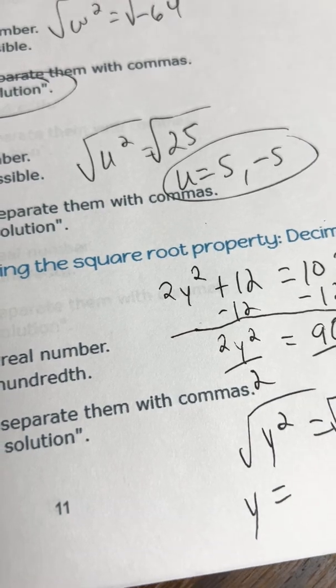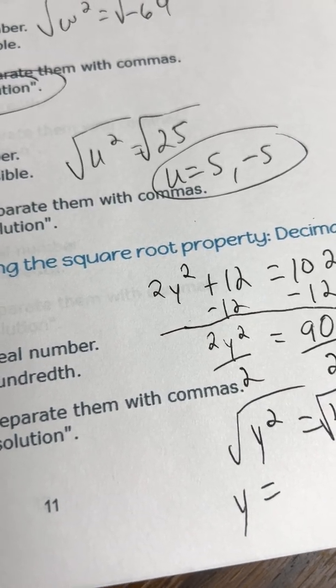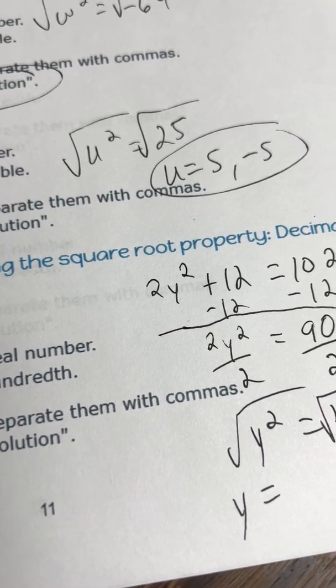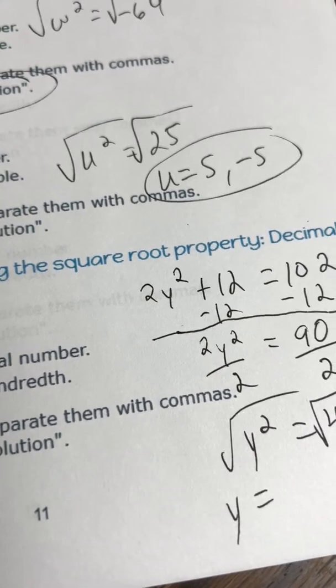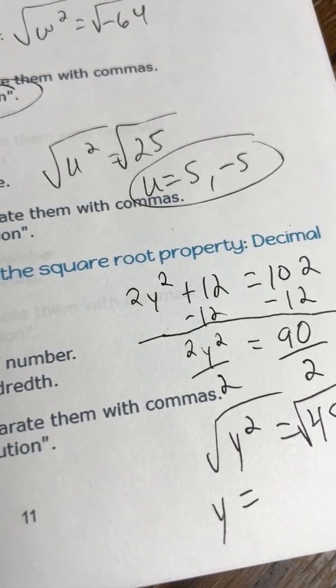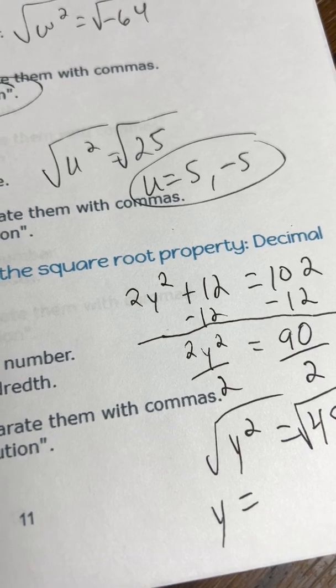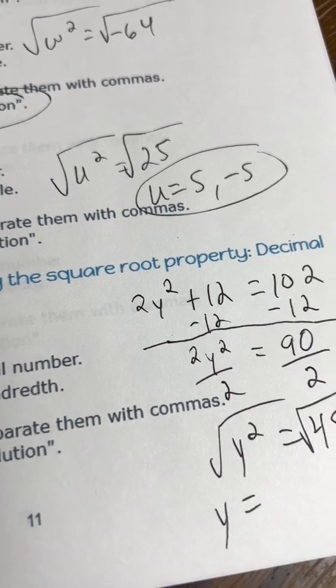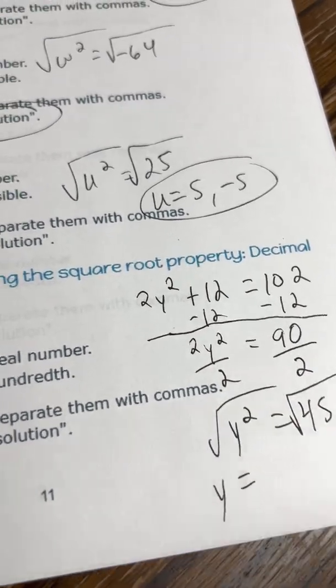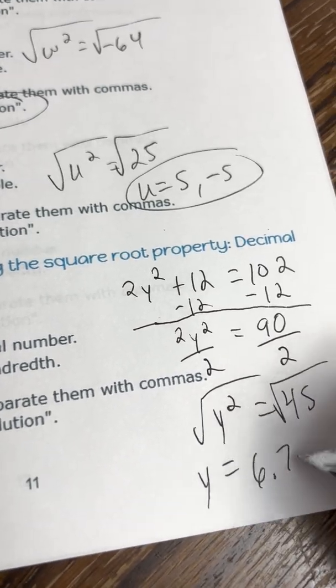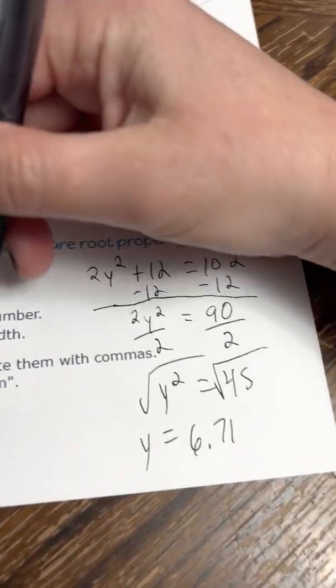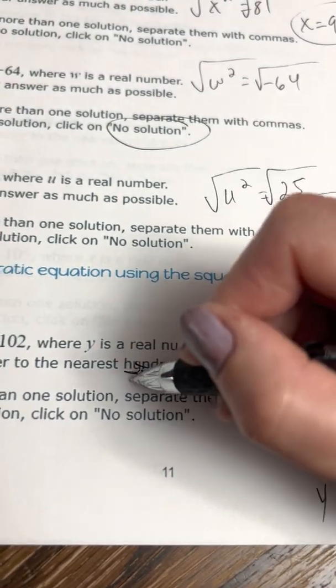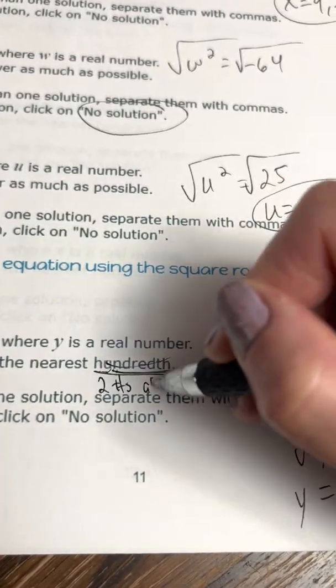Y is going to be, I'm typing this into the calculator, the square root of 45. And you're going to get 6.71, because I'm going to round to the nearest hundredth. So that's two numbers after the decimal.